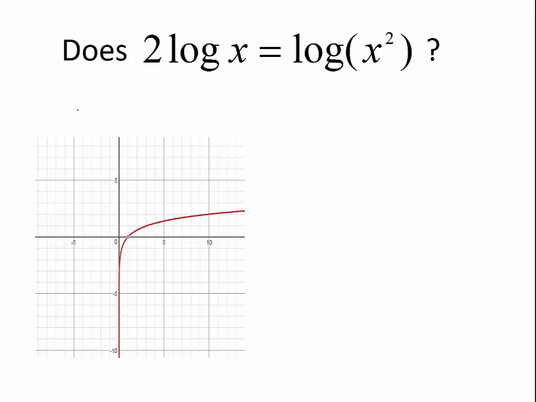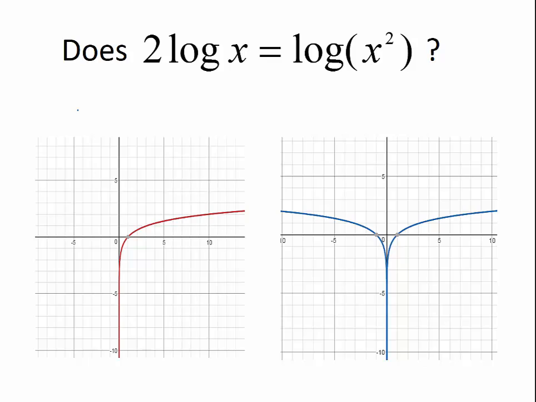And I got a nice looking log graph, asymptotes at x equals 0. Nothing too funky there. And then I graphed log of x squared, and you can tell they are not the same graph. However, you'll notice that this blue graph has the exact same piece on the right-hand side that would match this red graph over here. It's that this graph has extra points on it, right?